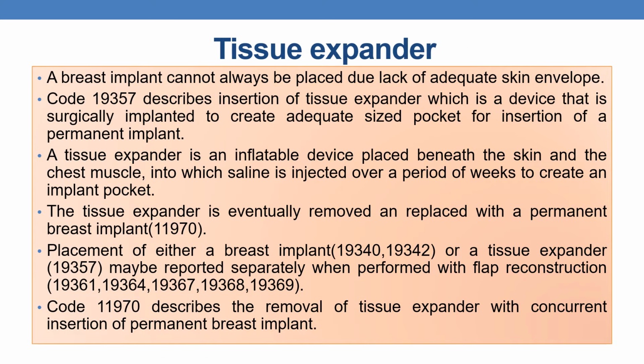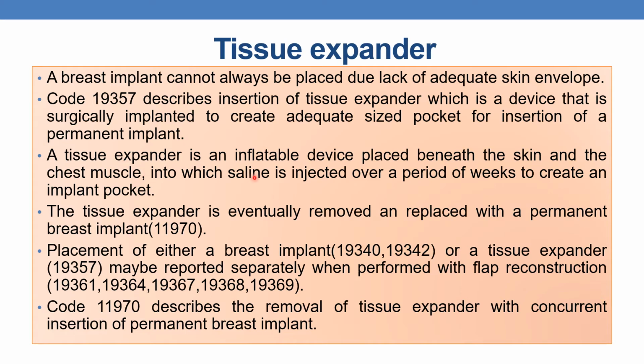A breast implant cannot always be placed due to lack of an adequate skin envelope. CPT code 19357 describes insertion of a tissue expander, which is a device that is surgically implanted to create an adequately sized pocket for insertion of the permanent implant.